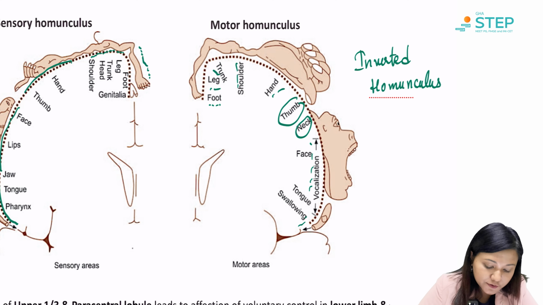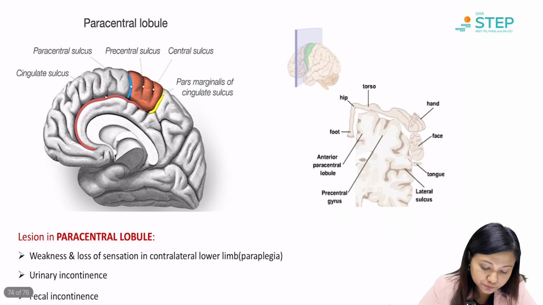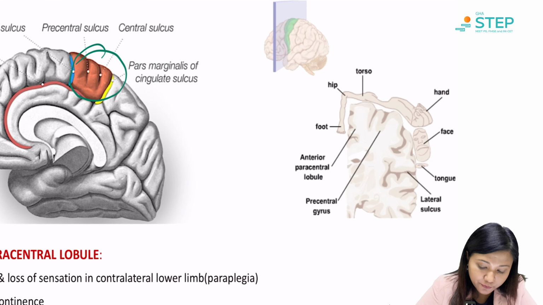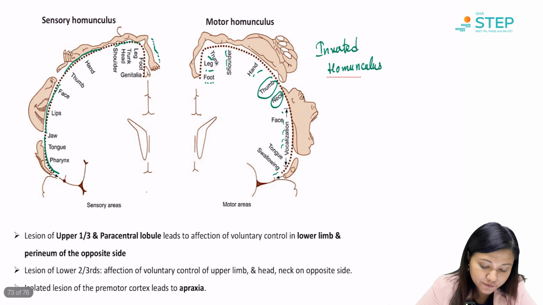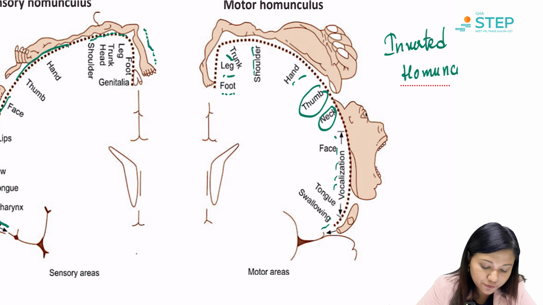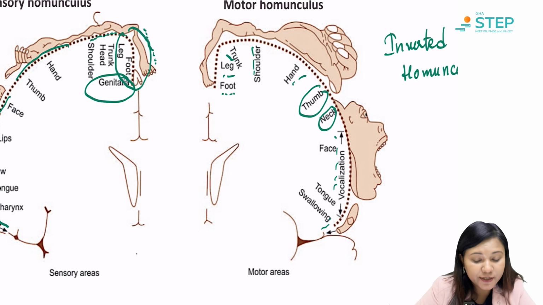Now this paracentral lobule is mostly located in this area. In both the sensory and motor homunculus, this area is mostly related to the leg, foot, and genitalia.